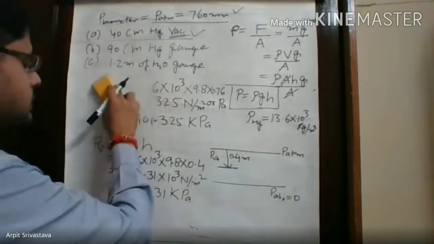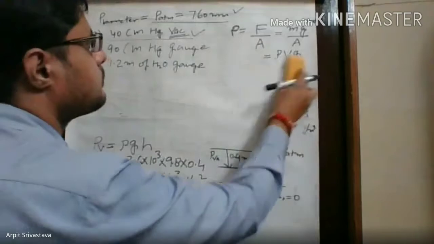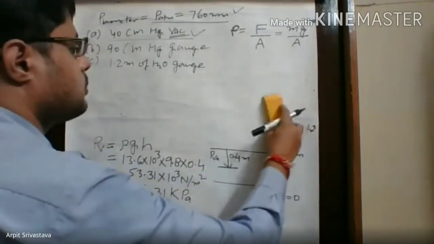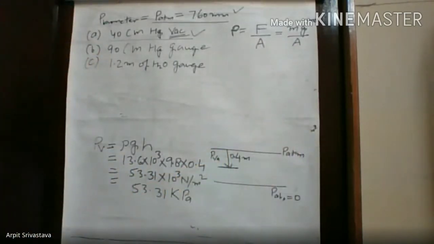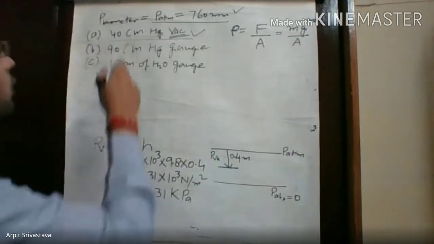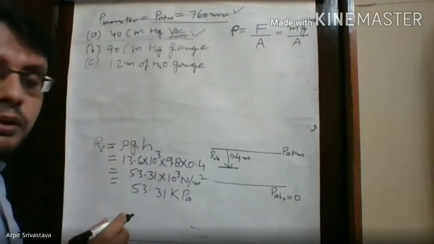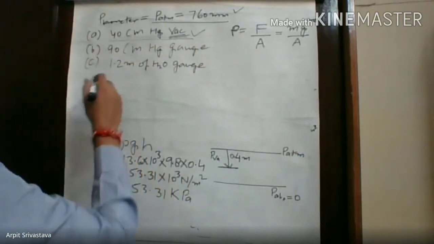I remove this part. So the problem is, if we want to calculate absolute pressure with respect to 40 centimeter Hg vacuum, then what is the expression?